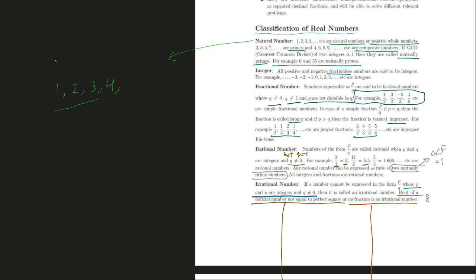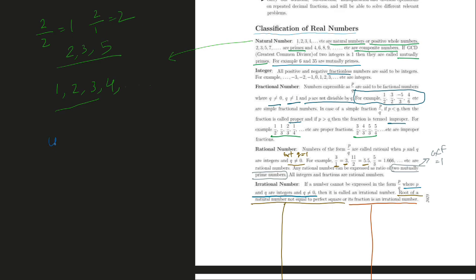By prime, what we mean is numbers that are only divisible by themselves and 1. Composite numbers means numbers that have multiple factors.